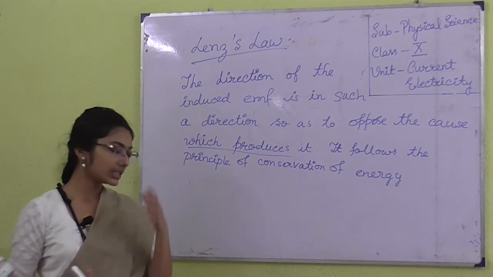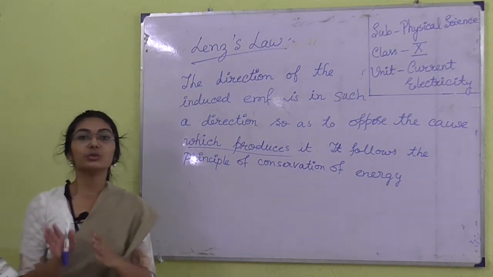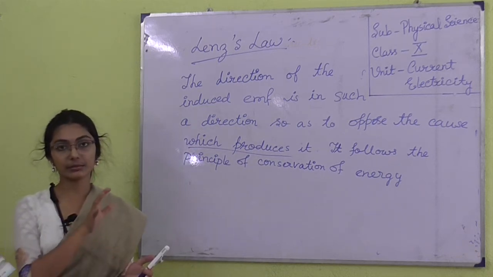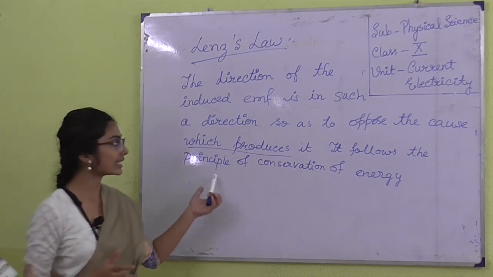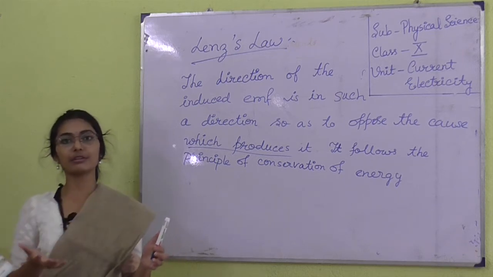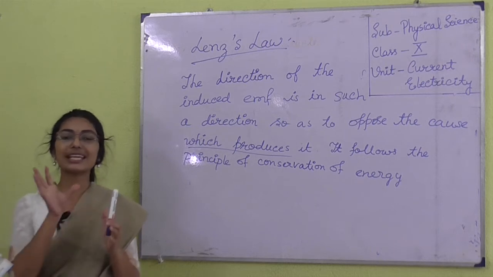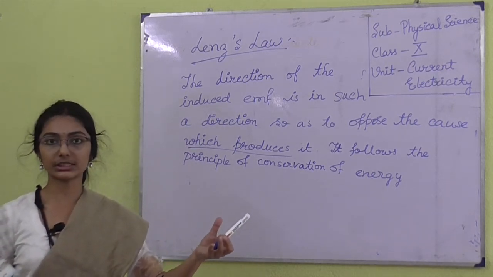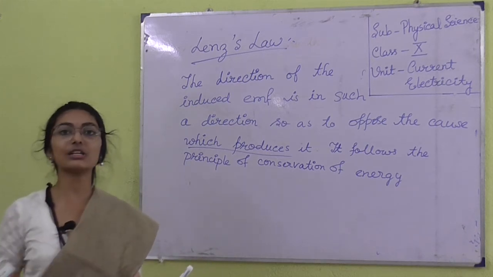That's why, to reduce that energy and maintain a balance, an EMF is produced, not the same amount but a proportional amount, in the opposite direction, because EMF is proportional to the magnetic lines of force. So it is proportional, but its direction is opposite.